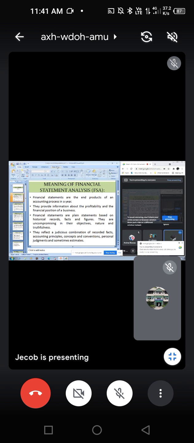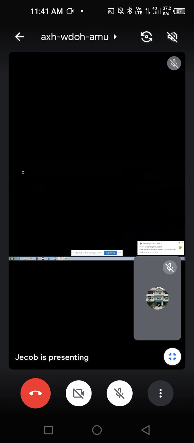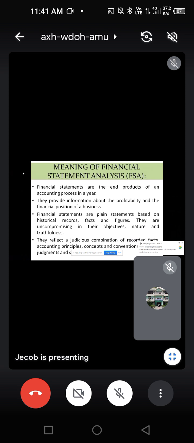Now, whenever we are talking about financial statements, that is what I'm sharing in this particular slide also, if you are able to see it: financial statements are end products of an accounting process. That means for one year, we record everything in a statement.